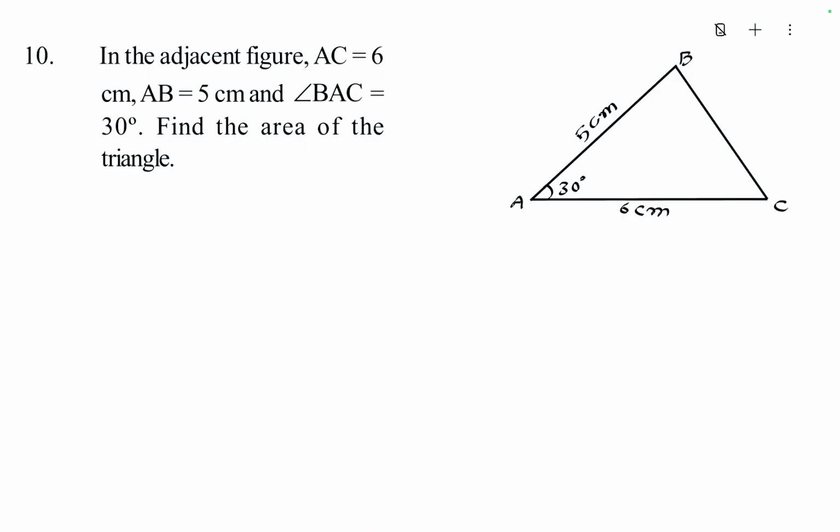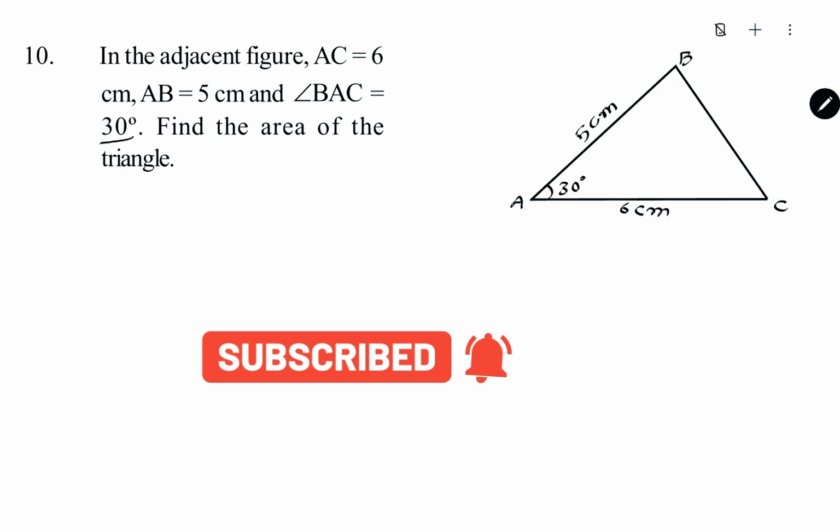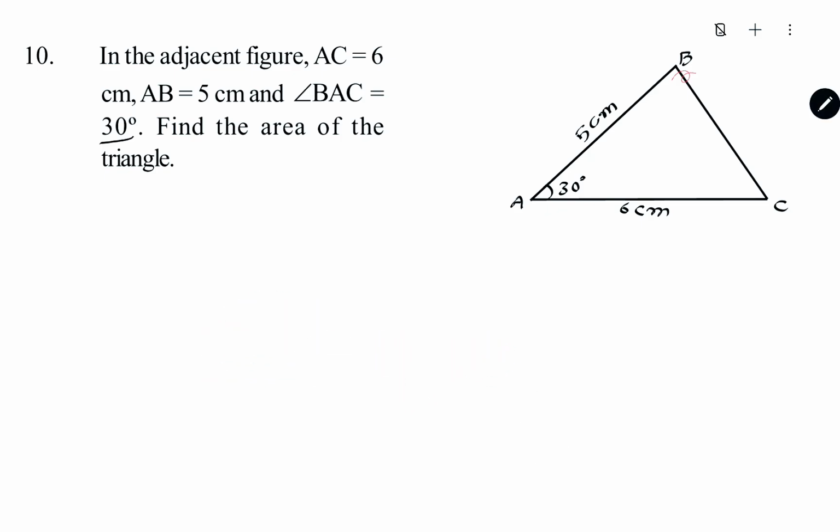10th question. In the adjacent figure, AC is equal to 6 centimeters, AB is equal to 5 centimeters and angle BAC is equal to 30 degrees. Find the area of the triangle. Here, to find the area of triangle, we draw a perpendicular from B to AC.